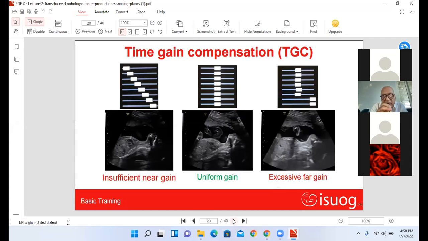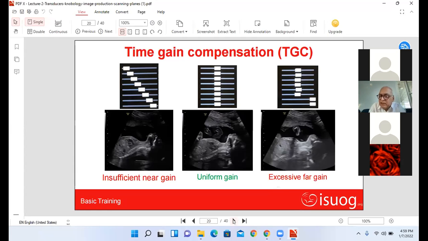So this also is changeable depending on how much image clarity we need. But the mid part, the uniform gain, we always keep in the middle, and then depending on our need, we adjust accordingly. As we go towards the left, the gain will decrease. When we go towards the right, the gain will increase in that specific line of the screen. Next slide, please.